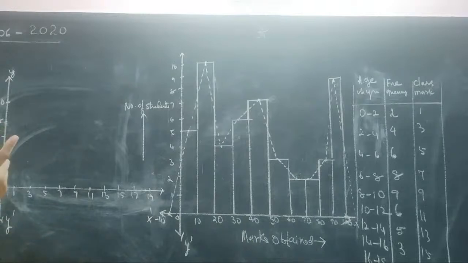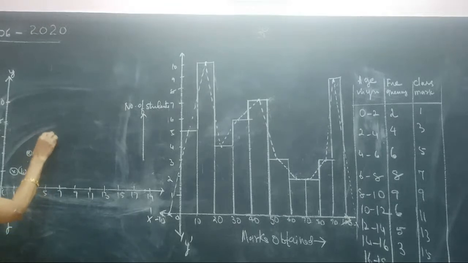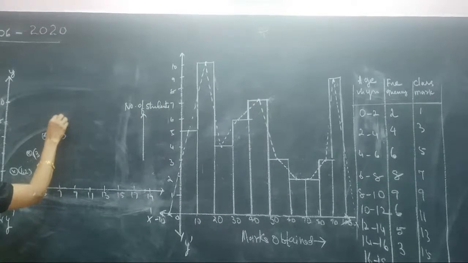Now for the first class interval the frequency is 2. So this is the mark; in the bracket you write 1 comma 2: along the x-axis 1, along the y-axis 2. Next 3, 4. Then 5, 6. Then 7, 8.